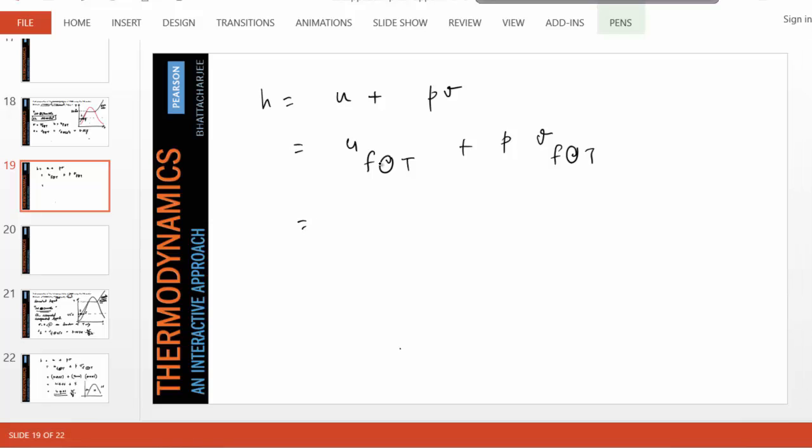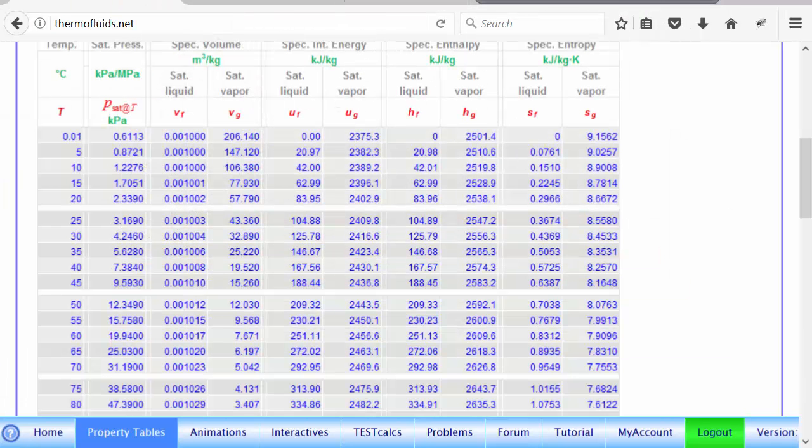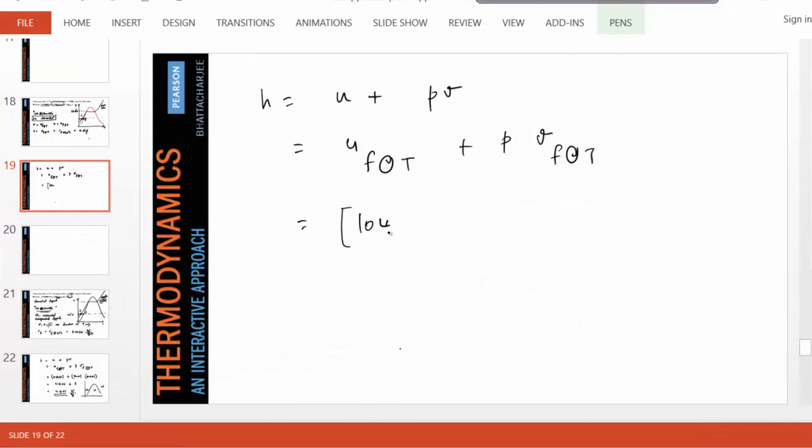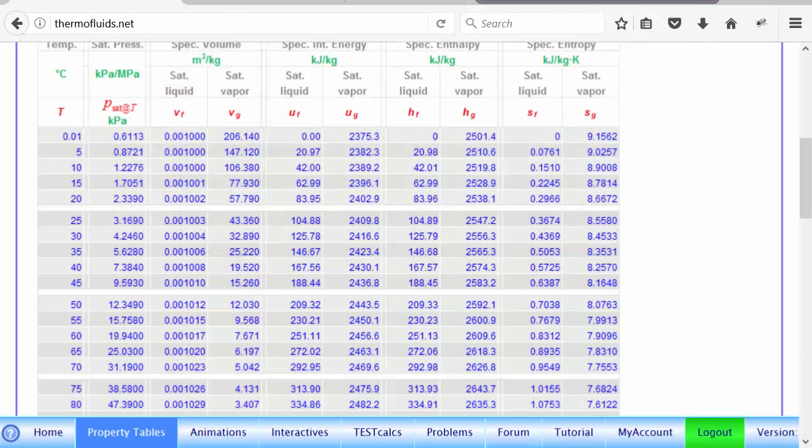So therefore, at 25 degrees Celsius, if we find U, as you can see, UF is 104.88. So we put that value there. Pressure is 5000 kPa, and VF will be, I'm pretty sure, 0.001 at 25 degrees Celsius, but you can go and verify. 25 degrees Celsius is pretty close to 0.001.